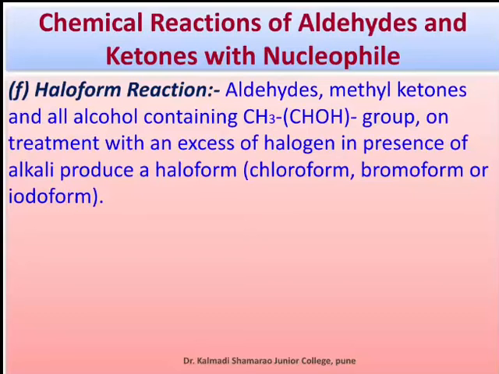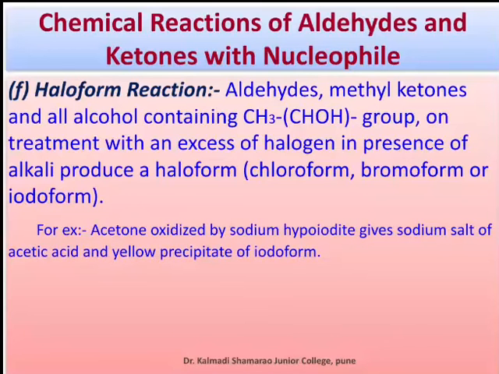First, let's discuss the haloform reaction. When aldehydes, methyl ketones and all the alcohols containing the CH3CHOH group are treated with an excess of halogen in the presence of alkali, they produce a haloform.